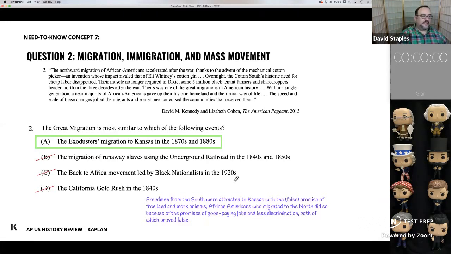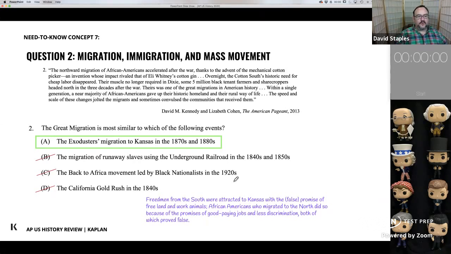So like the California gold rush, there at least was some payoff for some people, is where that's going to come into play. In general, both the Great Migration and the Exodusters was disappointing on a large scale to just about everybody. So that's where that's going to be more of a correct answer.